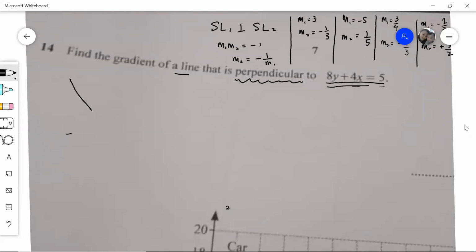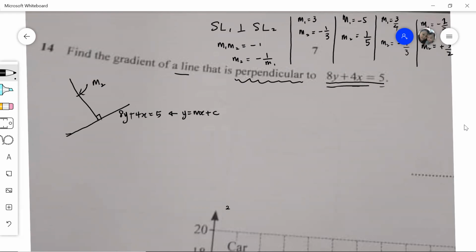So in this question, we have one straight line that is perpendicular to the given straight line, which is 8y plus 4x equals 5. Because of perpendicular, and we need to find m2, therefore m1 must be found. How do we find m1? We have to rewrite this equation in the form of y equals mx plus c.